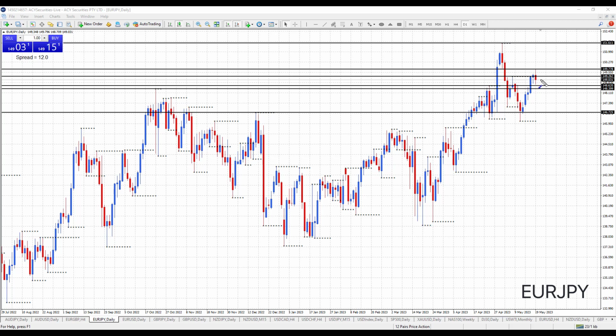Of course we can move above this area next week, but does this area get retested, hold for a move back down to test monthly support high over here? There's a 62% level in here from high to low, so this could be a failure point for a move back down the range this week.